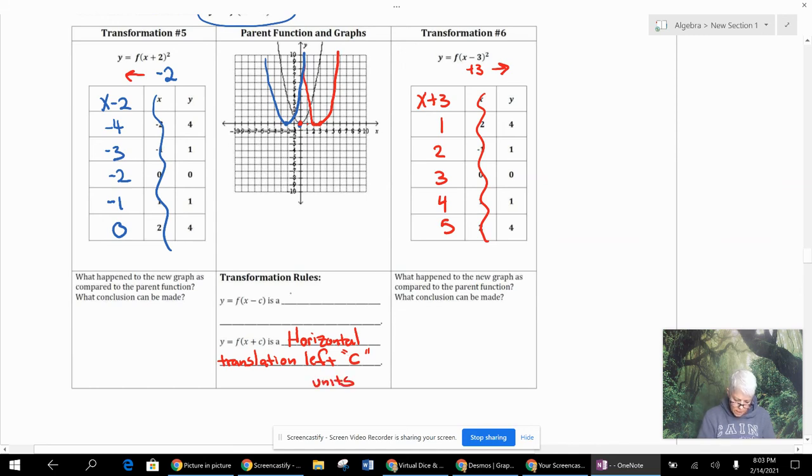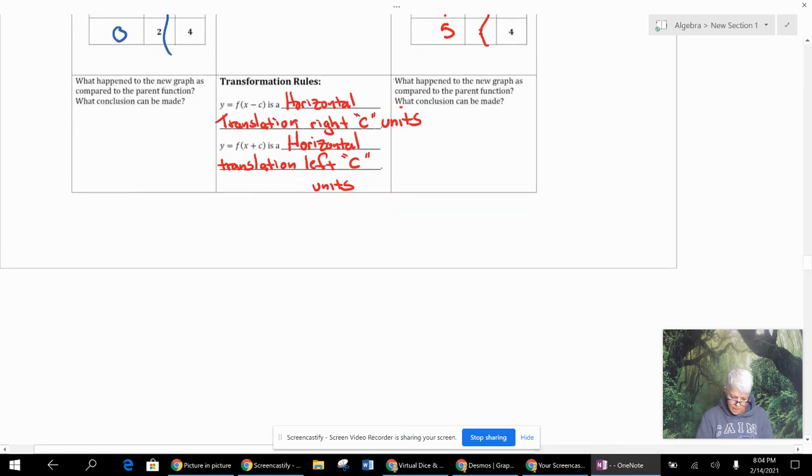And for the other one, it's also going to be a horizontal translation. But as much as you'd think it's going to be going to the left, it's going to be right C units. Okay, I think that's it.